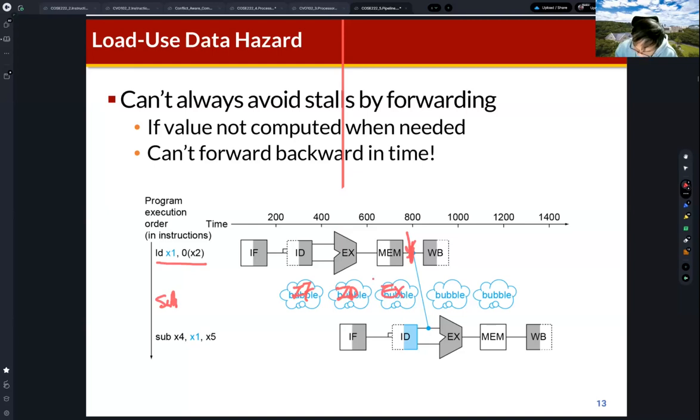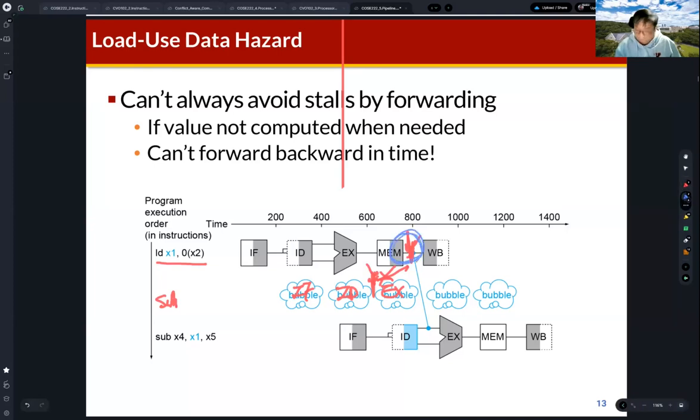So actually data needs to be ready at this time, but data will be set at this time. So the next instruction cannot receive the required data at this time.